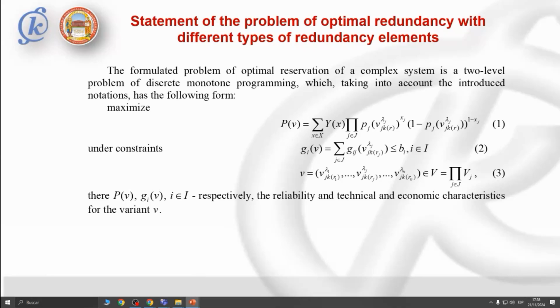Maximize reliability of construction of a satellite, a full satellite, under constraints for weight, for energy, for example, and so on and so on.